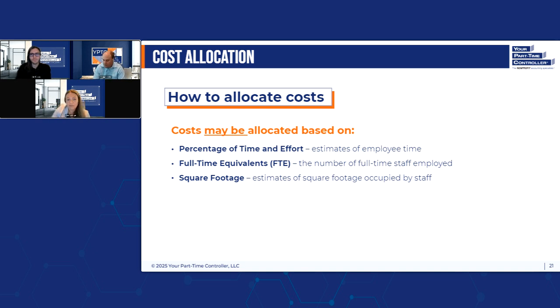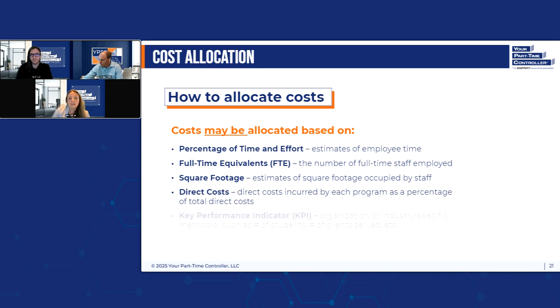There are other methods outside of these, and they are direct costs. Direct costs are obvious, right? They're the ones that are directly attributable, like we talked about earlier. And then you can use KPIs. KPIs are any indicator or metric that you use to run your business, to indicate success or to track things.